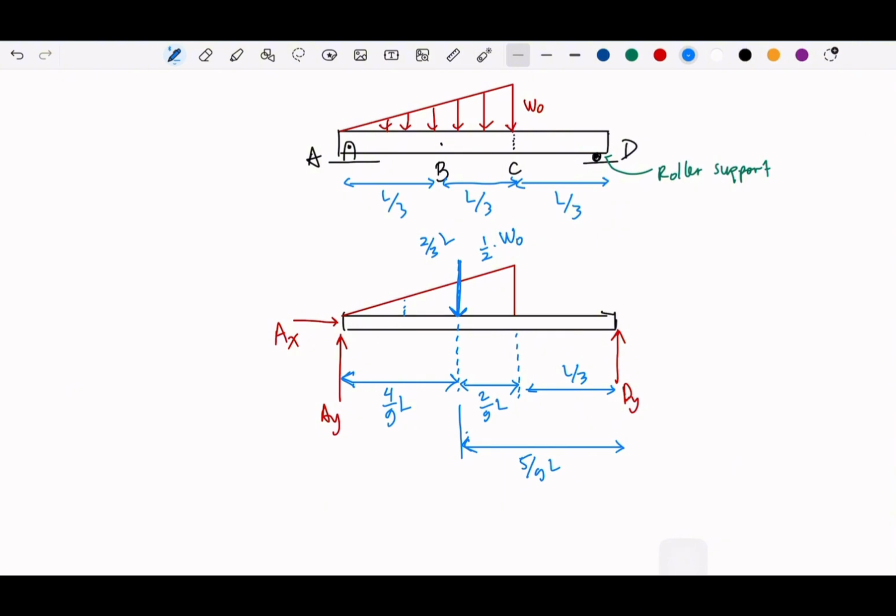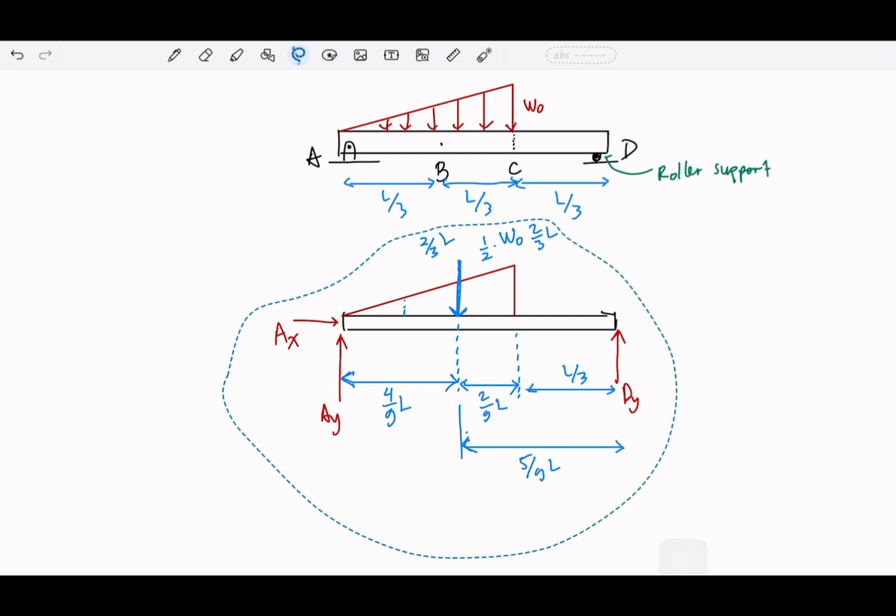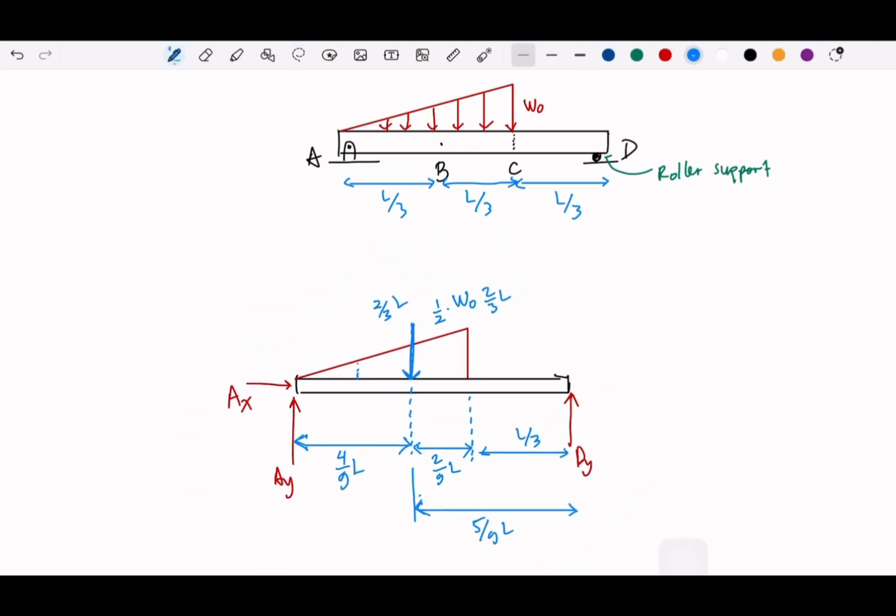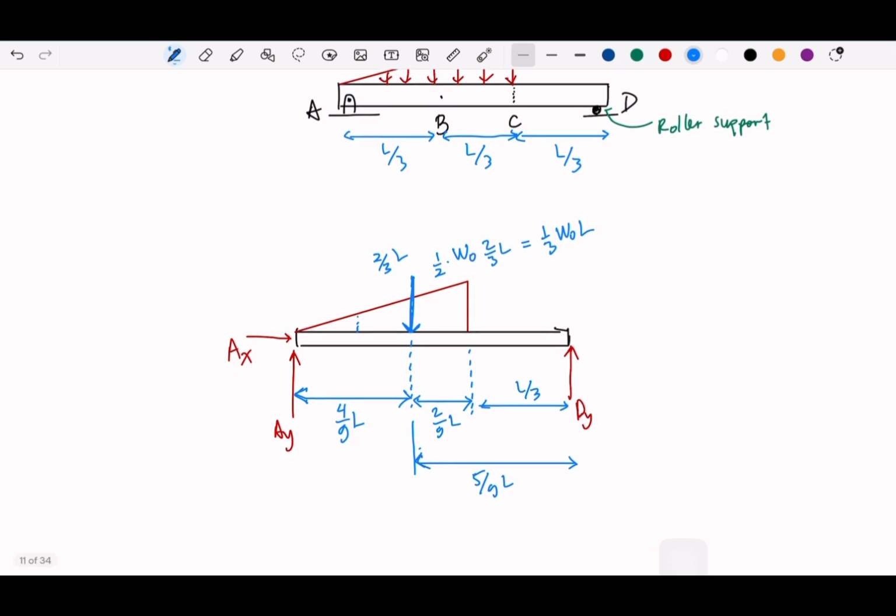So the base will be 2/3 L. So this will be equal to 1/3 W0L. Okay, that's the resultant.